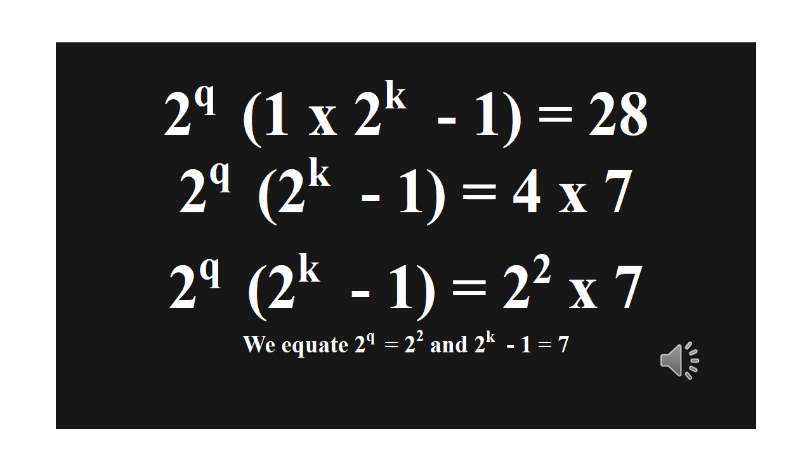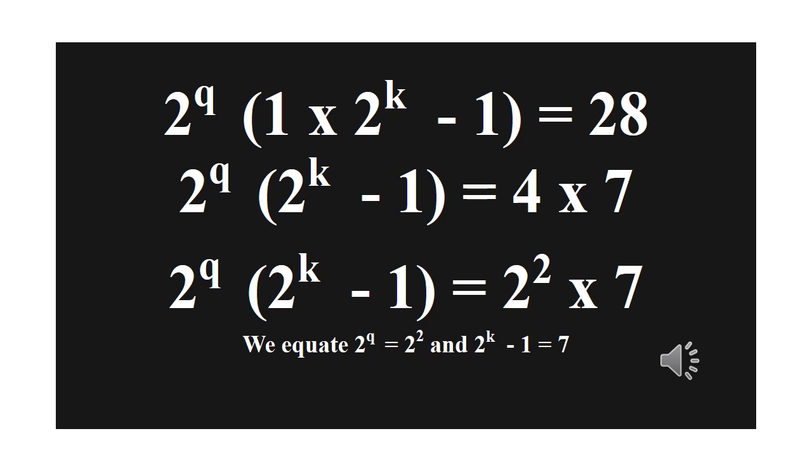It then follows that 2 raised to power q into brackets 1 times 2 raised to power k minus 1 close bracket equals 28 can be written as 2 raised to power q into bracket 2 raised to power k minus 1 close bracket.